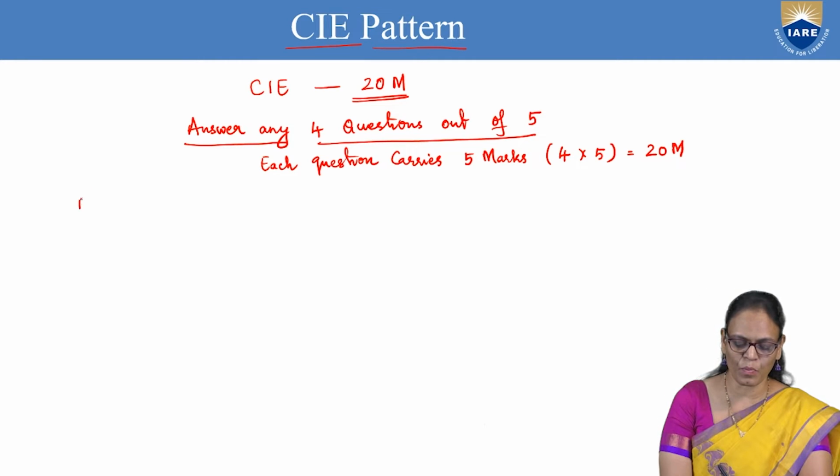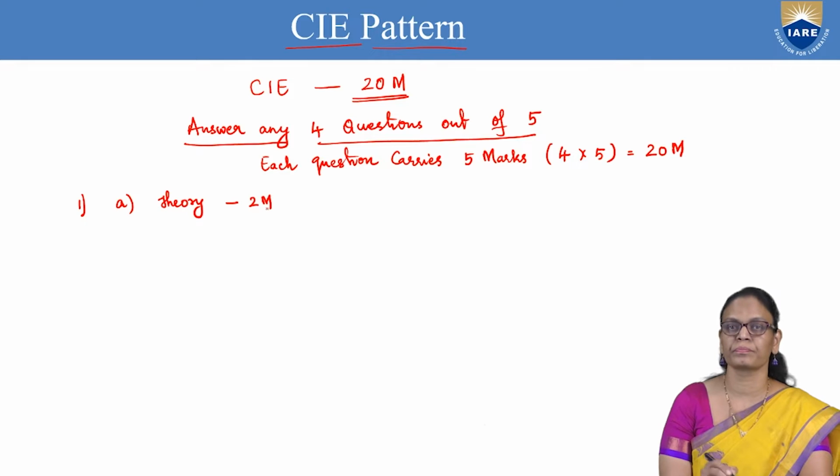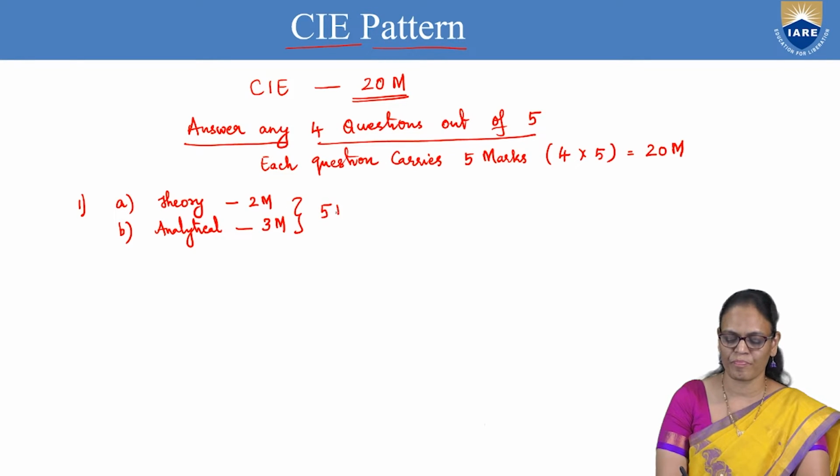Question number 1 will have A, which is a theory part. It will be for 2 marks. And B will be an analytical question. It will be for 3 marks. So put together, this question is for 5 marks.